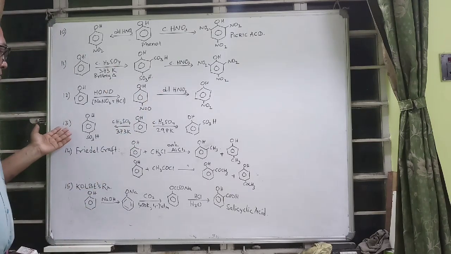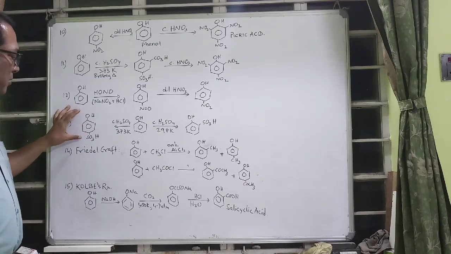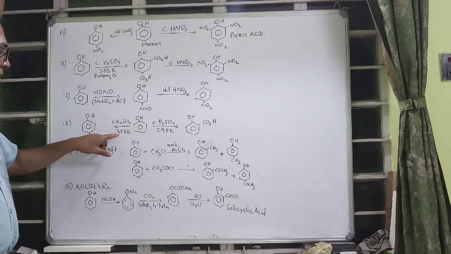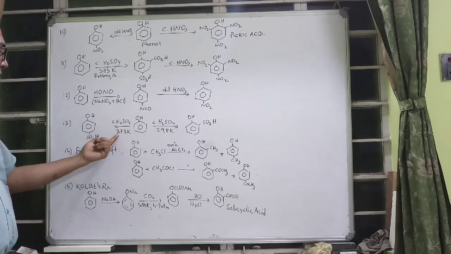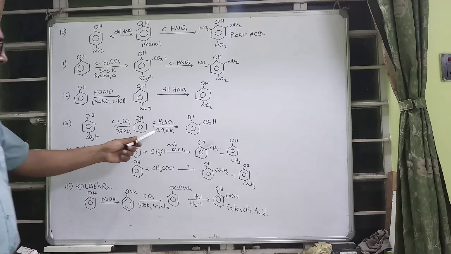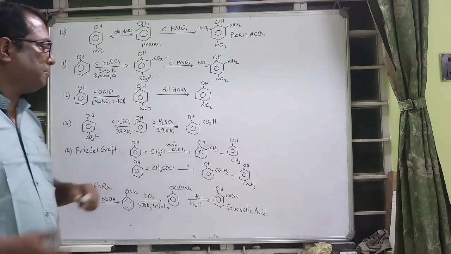On point number 13, we have to discuss it like this. When we have phenol attached to the sulfonic group and want to get it from the phenol, we have to give a temperature of 373 Kelvin. So phenol, when you give concentrated sulfuric acid at a temperature of 373 Kelvin, we are going to get the sulfonic group on the para position. But if you give a temperature of 298 Kelvin, we get it in the ortho position.